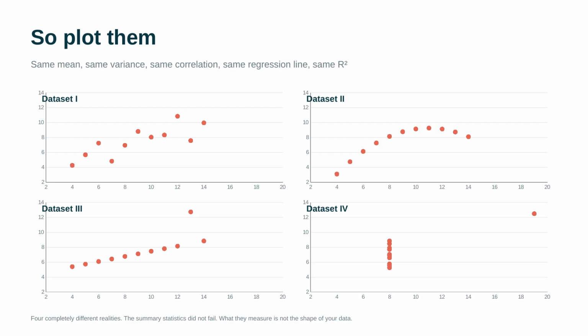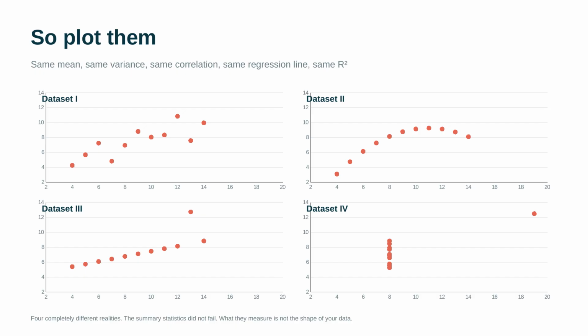Here they are. 4 datasets. Every summary statistic identical to 2 decimal places. And they could not be more different. Dataset 1 is what you expected, a linear relationship with some scatter. Dataset 2 is a perfect curve, a clean parabola, with no noise at all. Dataset 3 is a perfectly straight line with a single outlier that has dragged the regression away from it.